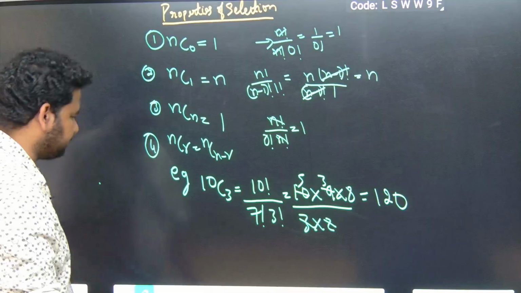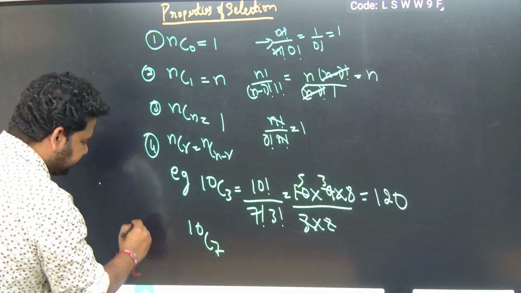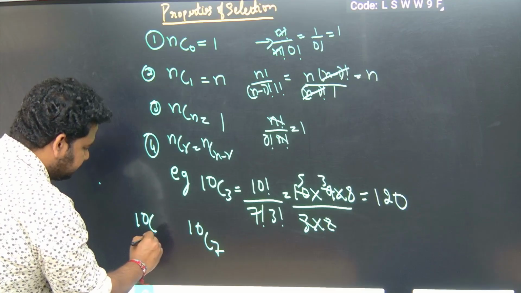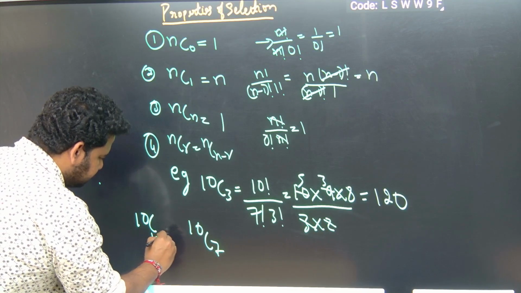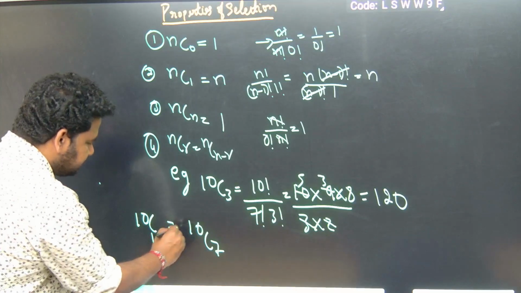Suppose I write 10C7. Why am I getting 7? 10C3 I can write as 10C(10 minus 3), that is nC(n minus r), 10C(10 minus 3) is 10C7.